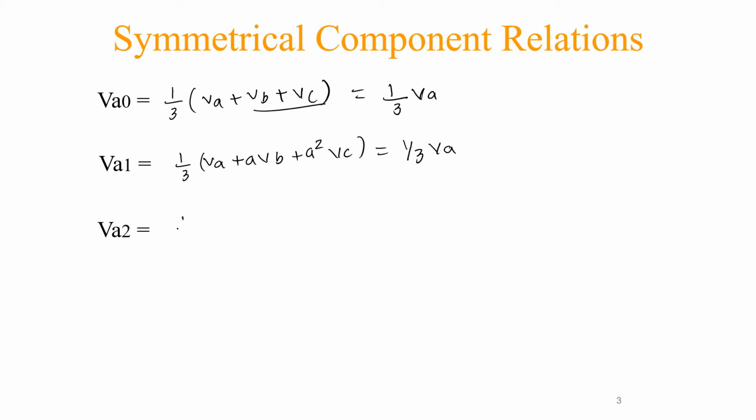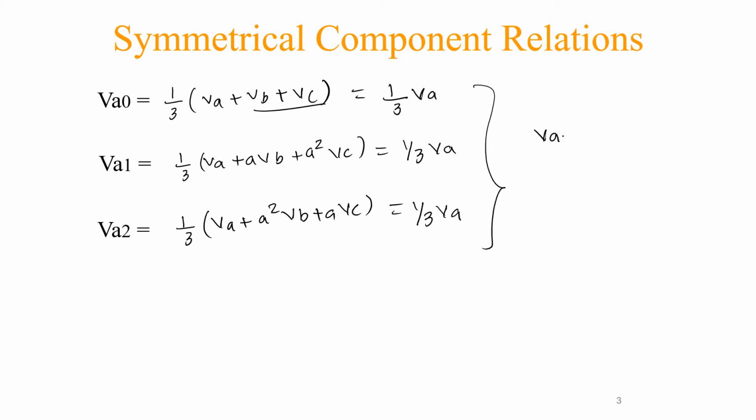If you find the VA2 equation also, whatever terms are related to phase B and phase C will be equal to 0. Finally you will get 1 by 3 VA. So from these three relations, we know the voltage VA0 is equal to VA1, which is equal to VA2. So we have got one relation with respect to the sequence voltages: the voltages are equal.